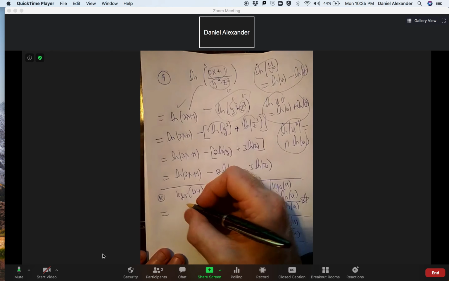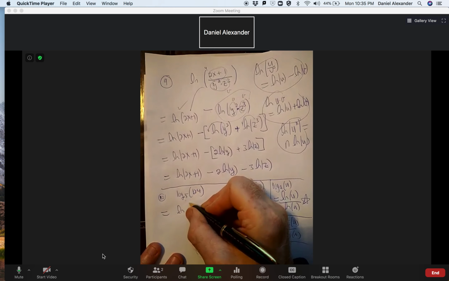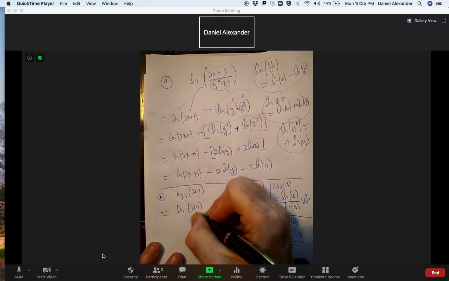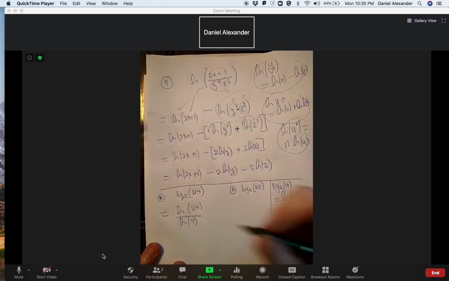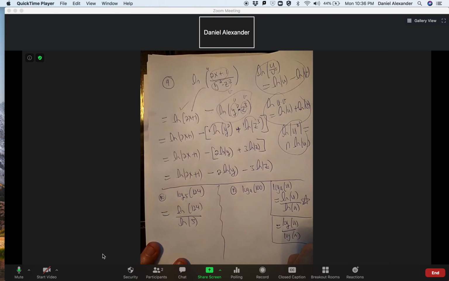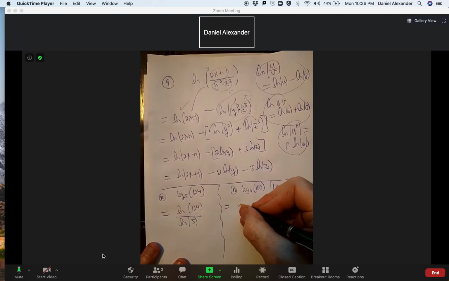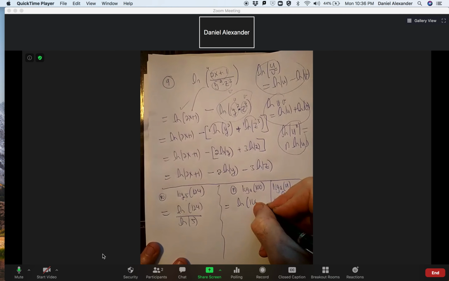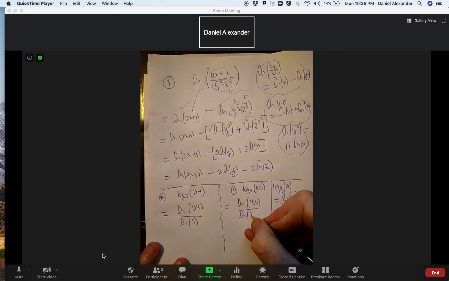So this one, I'm going to write it as the natural log of the top, what I'm taking the log of, over the natural log of 5. And I'm going to go look these up in a minute. So we'll go online and do that. So for this one, again, it's the log of what you're taking the log of, 100, over natural log of 9.